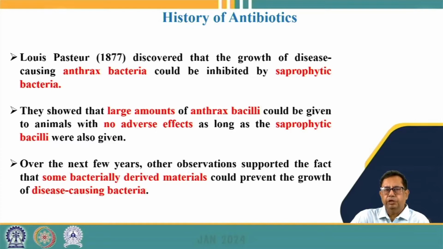Over the next few years, it was this observation that bacteria, fungi or molds, whatever the biological material derived from them, help in preventing the growth of disease causing bacteria as well as pathogens. And that's how the production of antibiotics started.